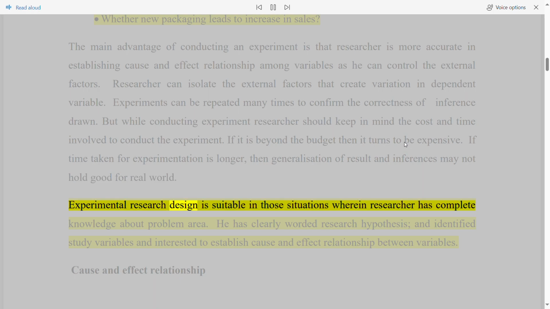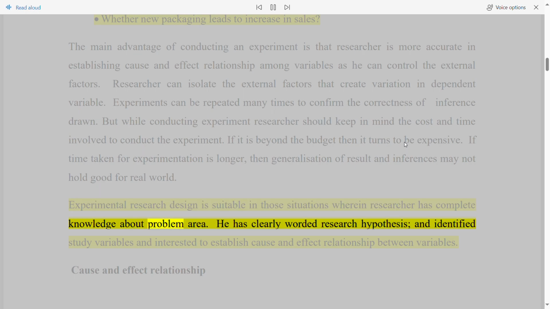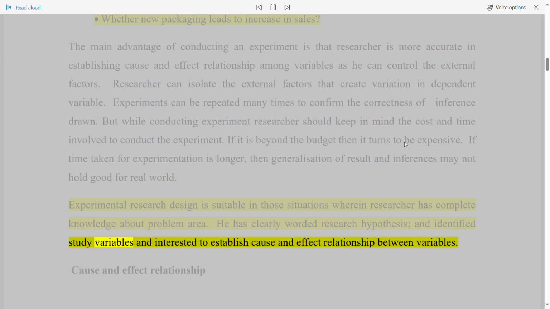Experimental research design is suitable in those situations wherein the researcher has complete knowledge about the problem area, has a clearly worded research hypothesis and identified study variables, and is interested to establish cause and effect relationship between variables.